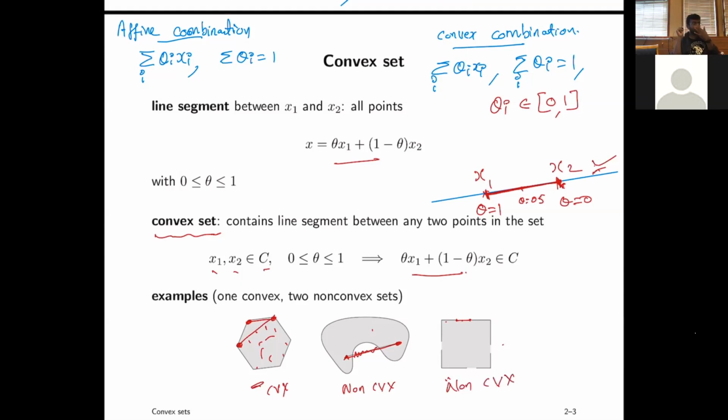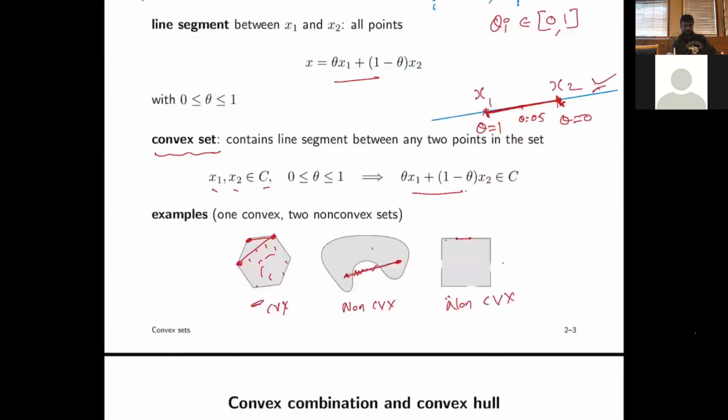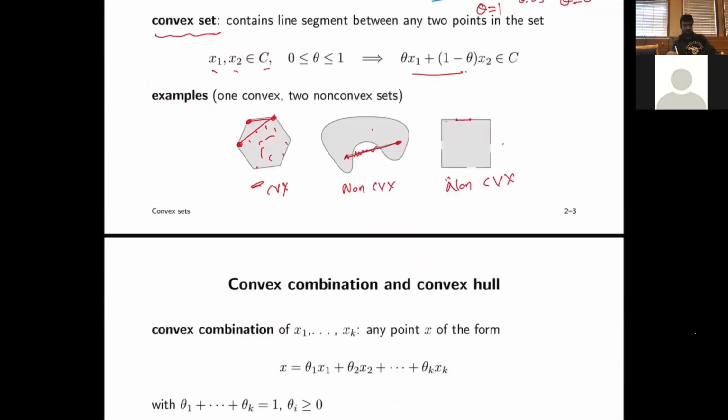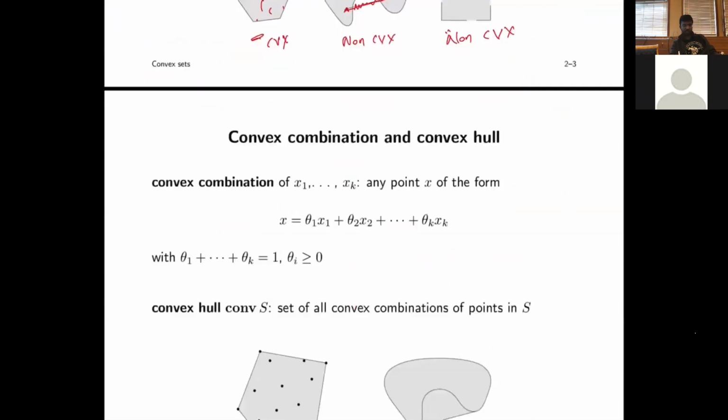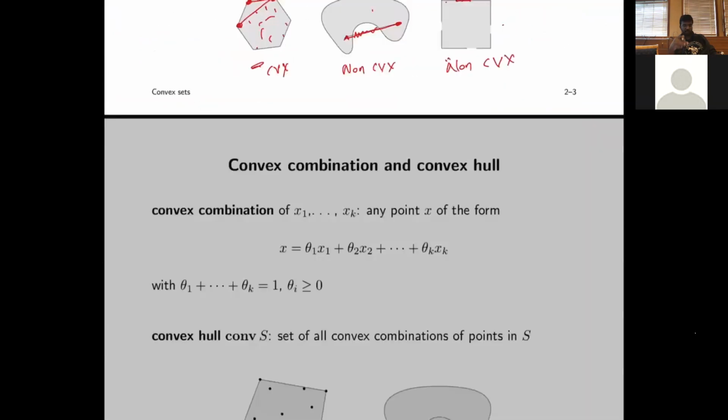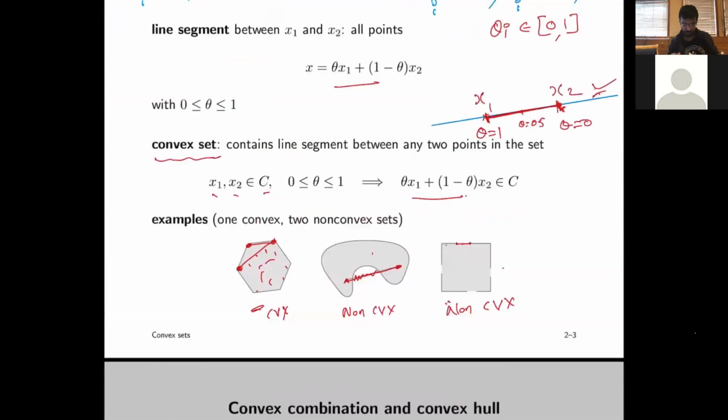So this is about affine set and convex set. We were introducing the concept of affine in order to introduce convex combination. There are other combinations, and I would like to start that in the next class because we have to write a little bit for 5 minutes or something.